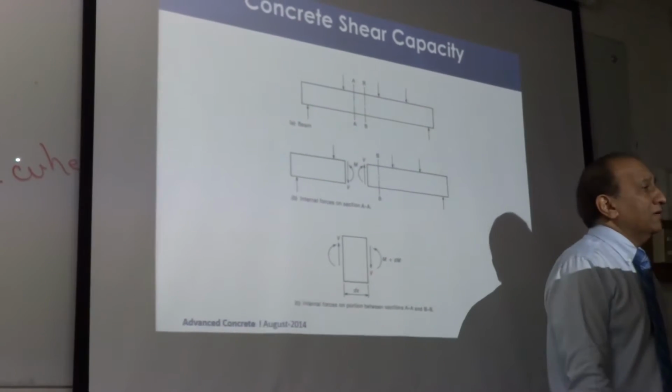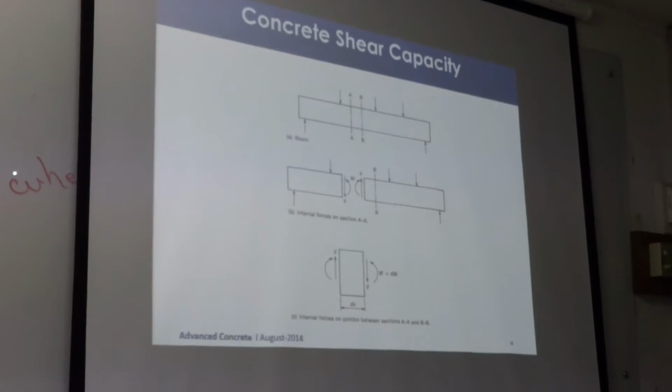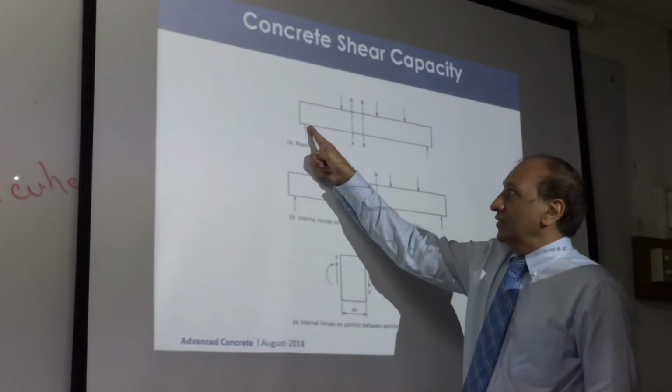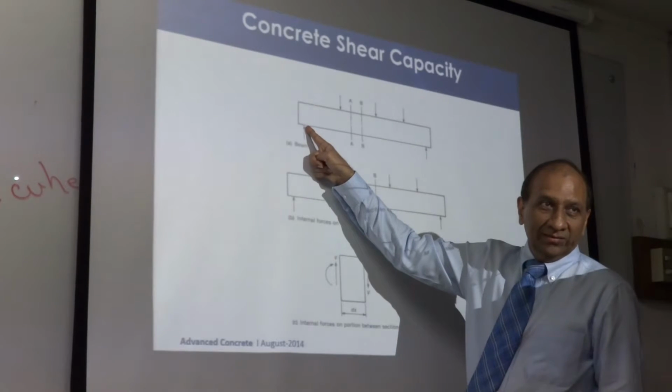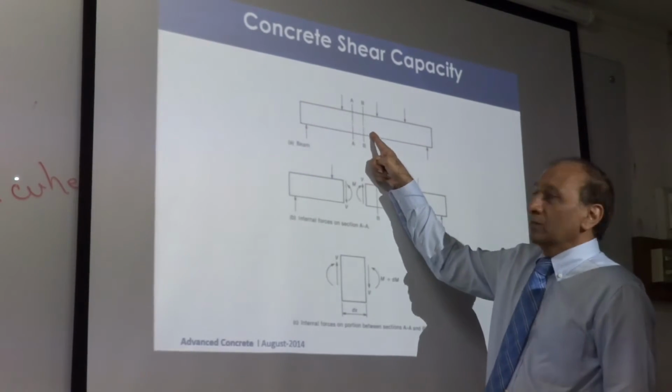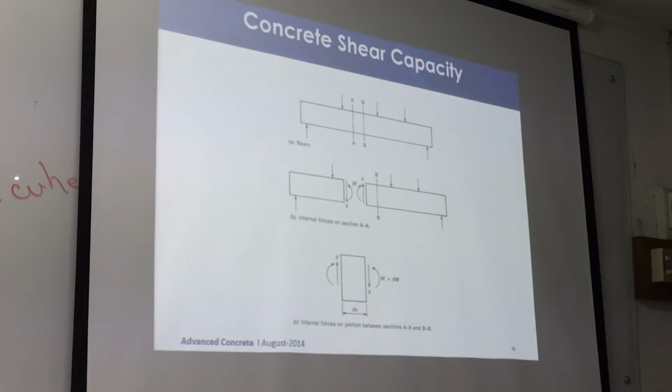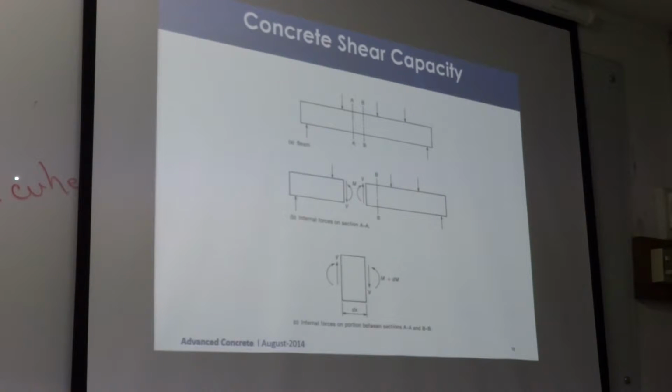At any given section, they are always there, except in this particular case, moment will be 0 here, and shear will be 0 somewhere along the beam. Correct? So there are some sections where you have 0 moment and some sections where you have 0 shear. But most of the sections you will have shear and moment acting together.